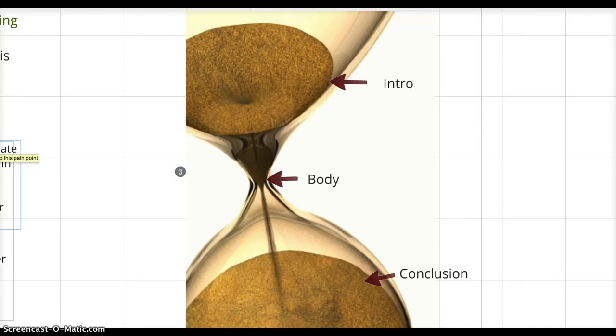I want to use this graphic again to remind you that we started our essay with an introduction that was quite broad. Big ideas were expressed, a summary, large statements about empathy and techniques used to create empathy, and you just introduce those techniques. As you move into the body, you get a narrower focus. You zero in on particular examples in this specific novel that prove these big ideas from your intro.